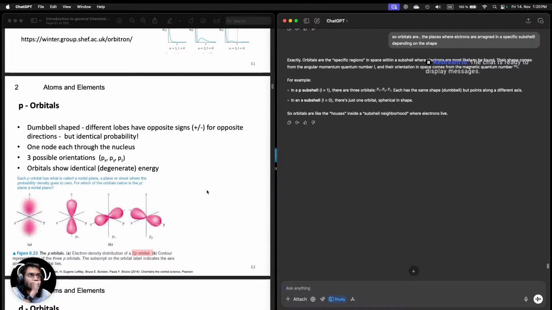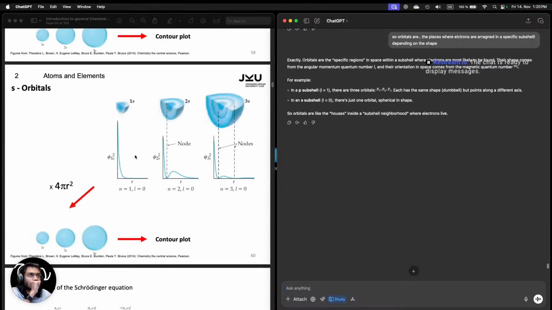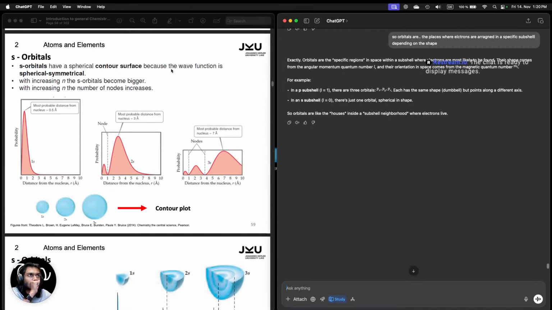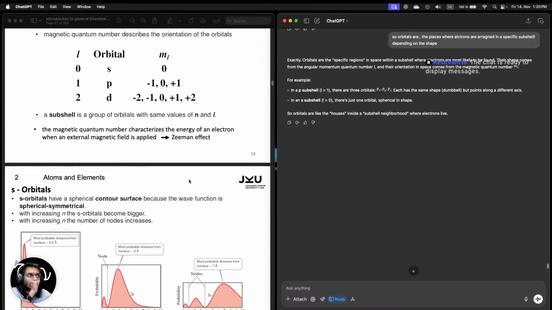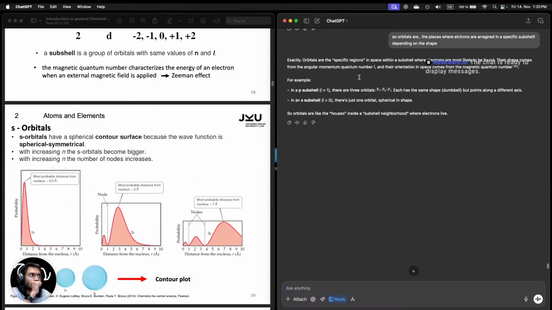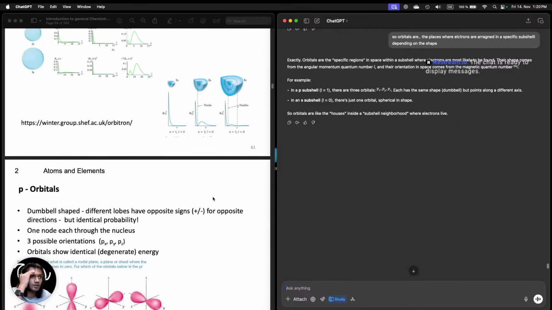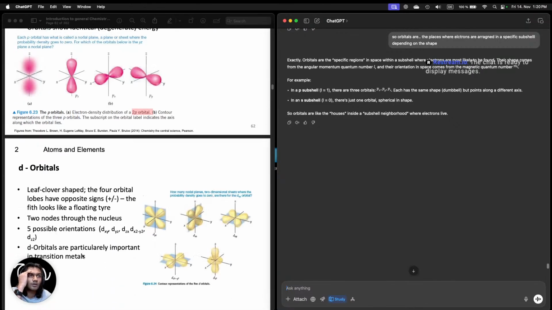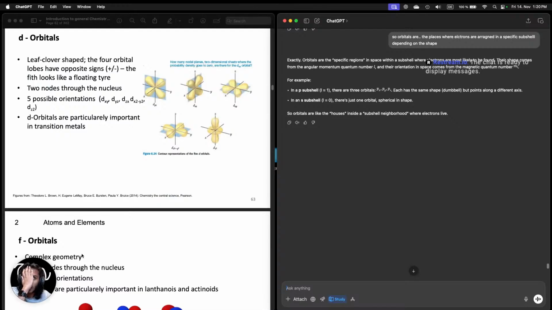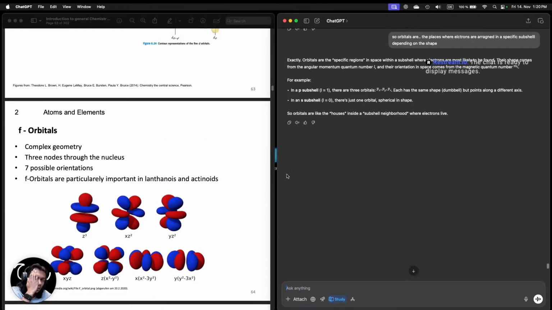The p orbital has three orientations, the d orbital has five orientations, the f orbital has seven orientations.